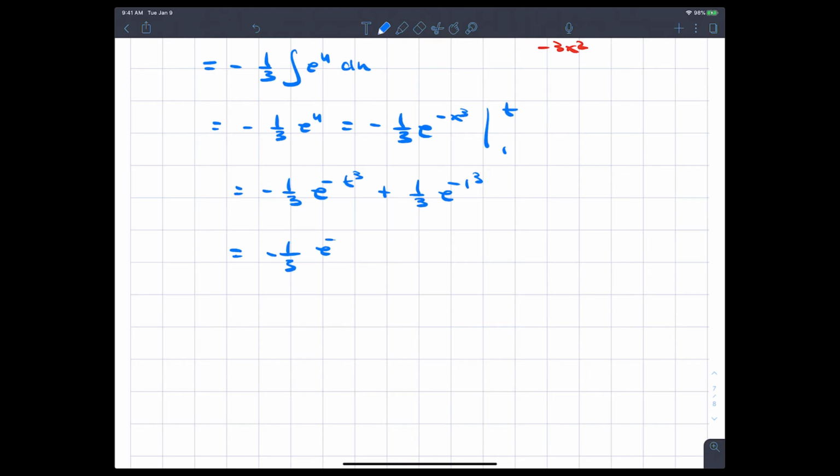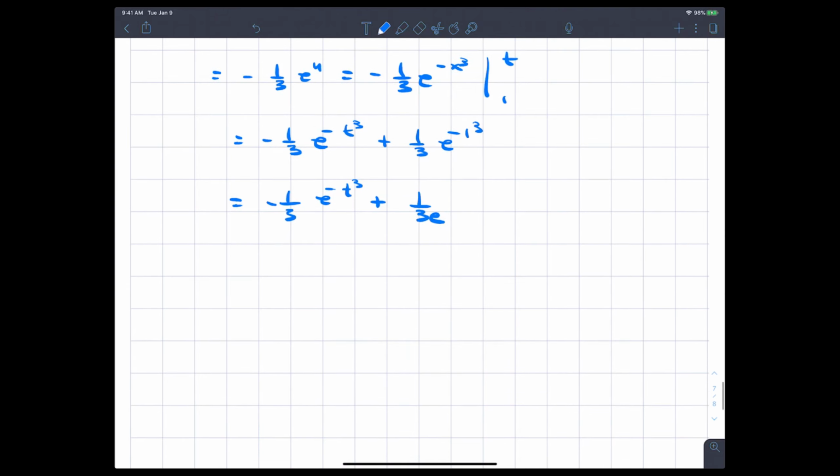I'll keep the signs. Minus t cubed plus 1/3. If we plug in 1, that's really going to be minus 1. So we get 1 over e there. So this becomes 1 over 3e minus 1 over 3 e to the minus t cubed. Now, this is the I of t, the integral.